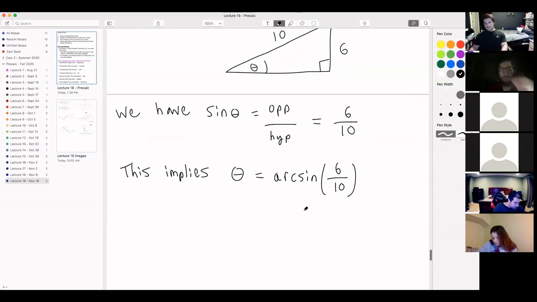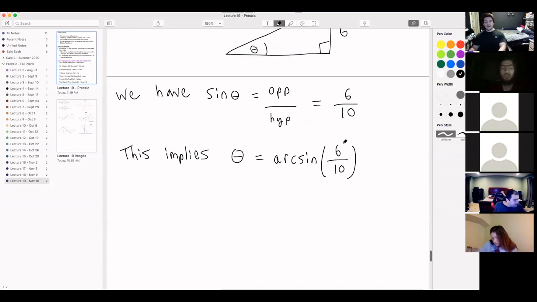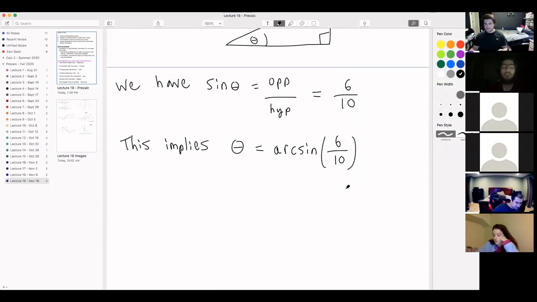Okay, and then 6/10, or 3/5 if you reduce it, is not one of our nice values.